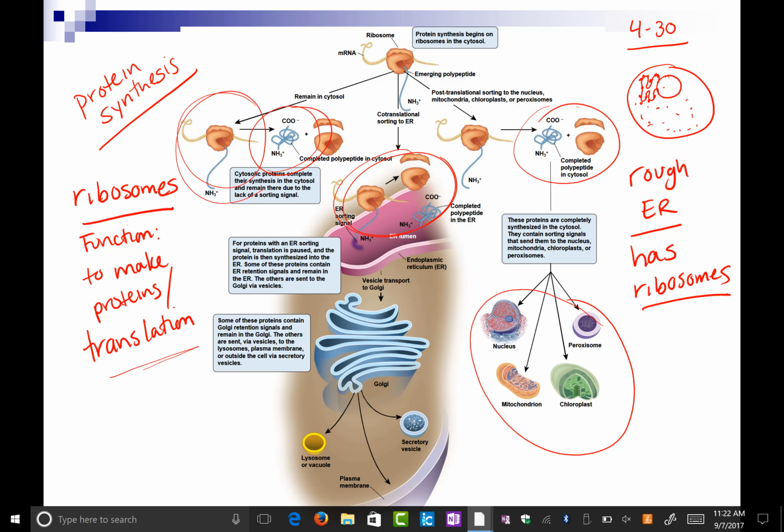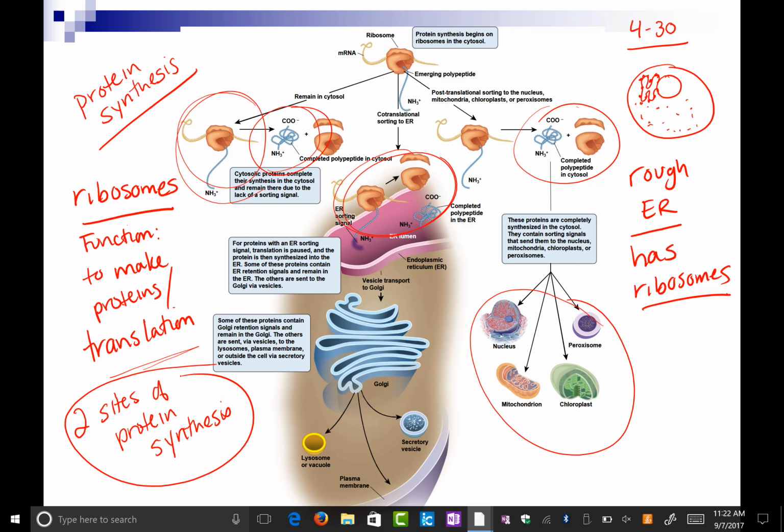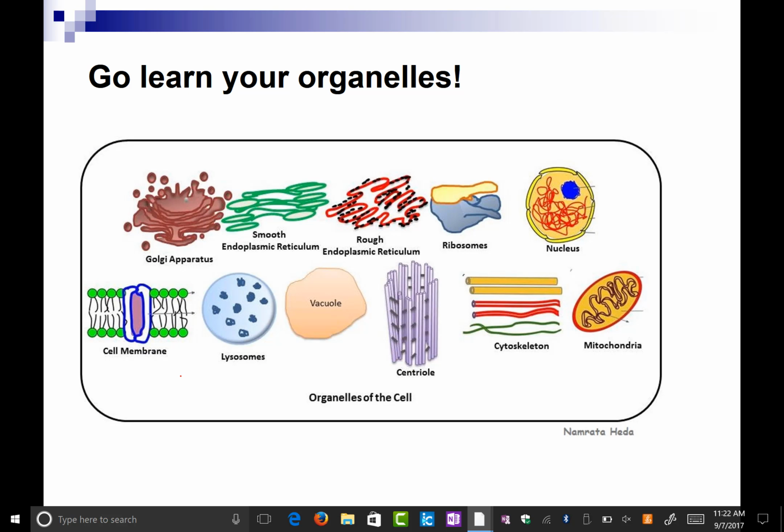So there are two sites of protein synthesis. Synthesis just means making proteins. They can be free ribosomes or they can be ribosomes on the rough ER. All right, so go learn your organelles.